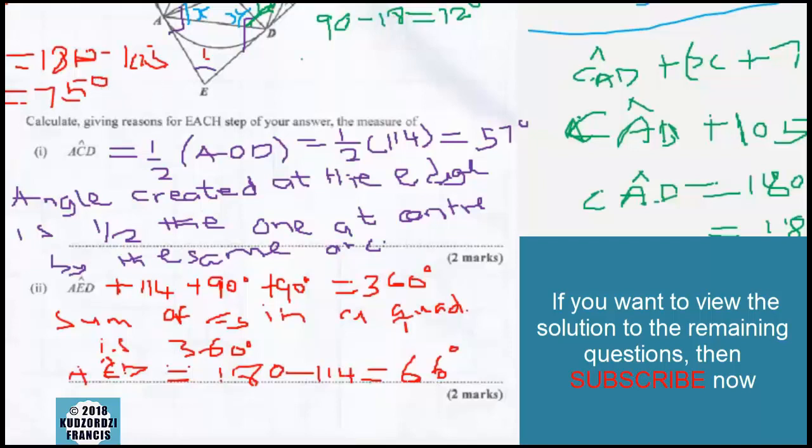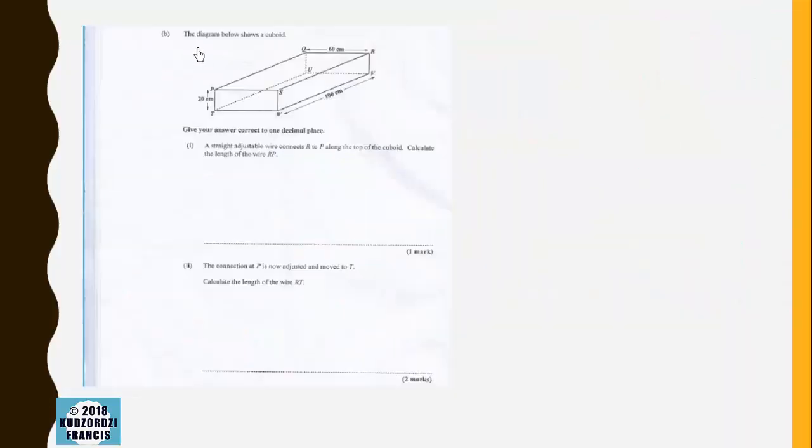Now part B says that the diagram below shows a cuboid. So consider it has dimensions 60 by 20 by 100. Then we have question I. It says we should give our answer correct to 1 decimal place.